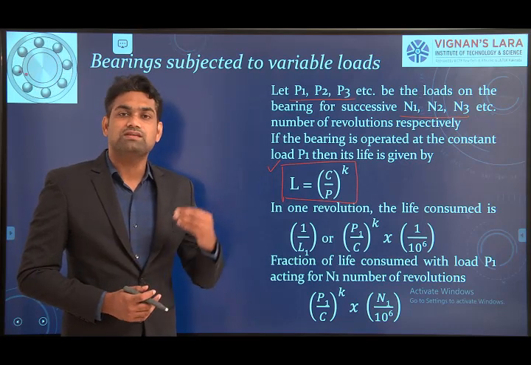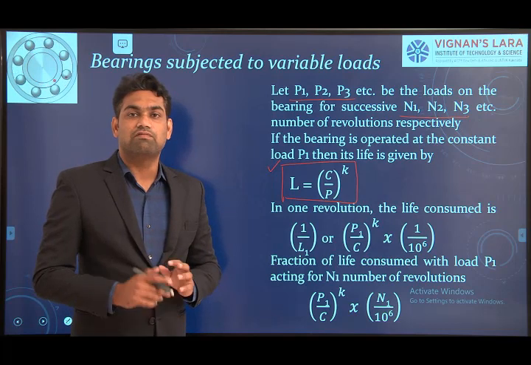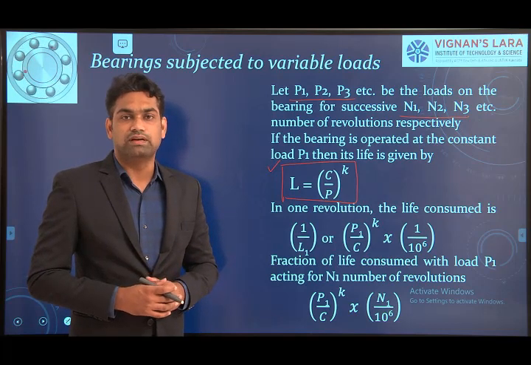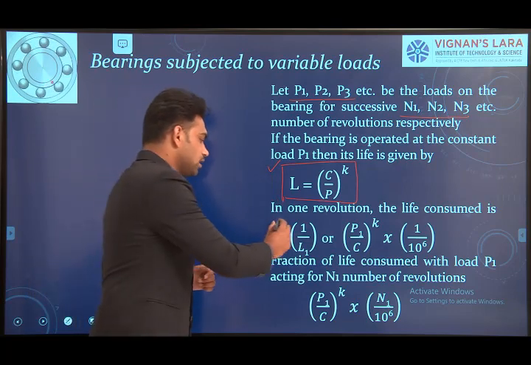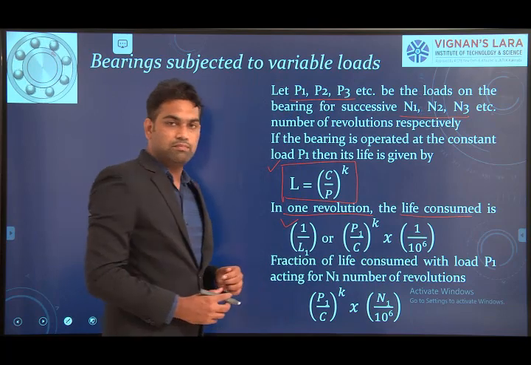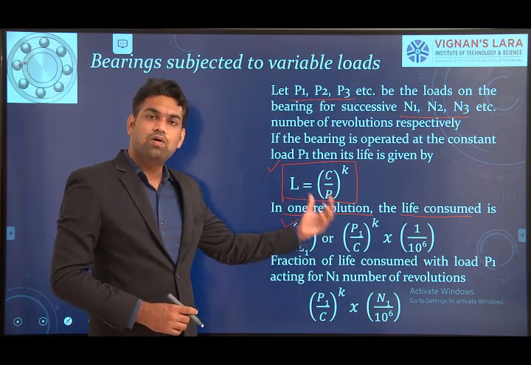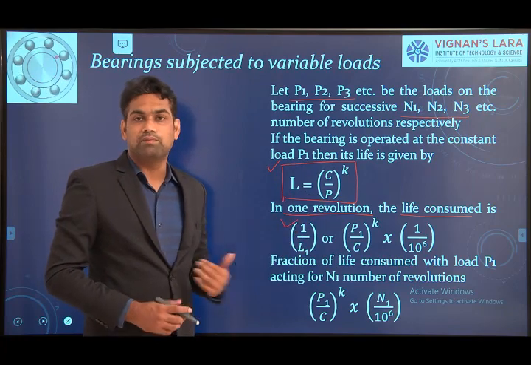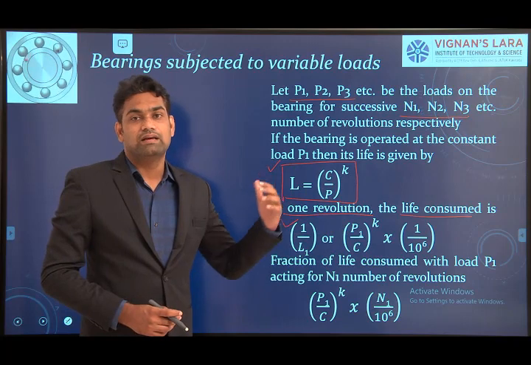For example, the fraction of life consumed for one complete revolution can be given by 1 by L1. That is, for one revolution the life consumed is 1 by L1, and that can be written as P by C whole power K into 1 by 10 power 6. Why? Because it is a fraction of life for a number of revolutions, not in million revolutions.